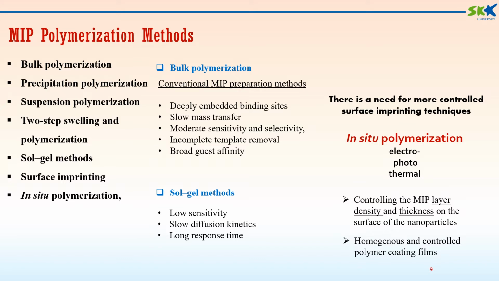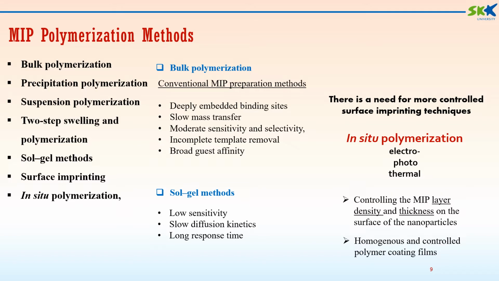And in the case of the sol-gel methods, it has low sensitivity, slow diffusion kinetics, and long response time. So we have to find which of these polymerization methods gives a good result.